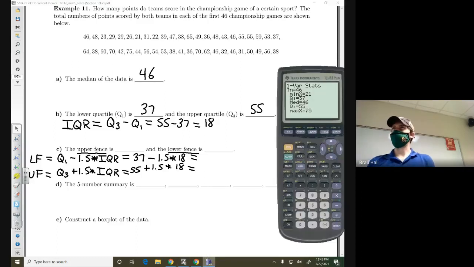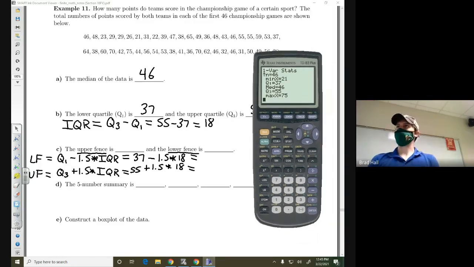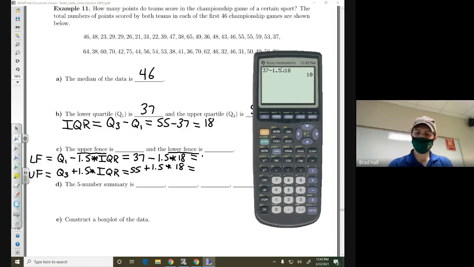1.5 times 18 is 27, I believe, and 37 minus 27 should be 10. Let's see if that's correct. 37 minus 27. Oh, and 55 plus 27, that's 82, I think.